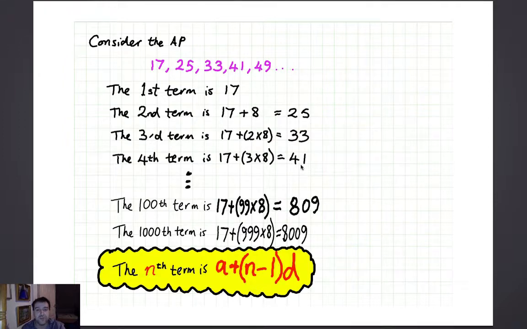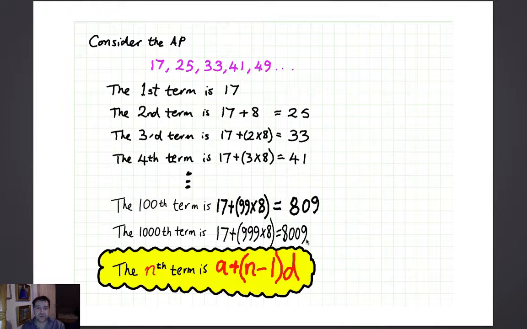The fourth term was 41 because it was 17 plus 3 eights. And then if you extend that argument to the 100th term, you can easily figure out it is 809 because it's 17 plus 99 eights. And the 1000th term is 17 plus 999 eights added on to make 8009.